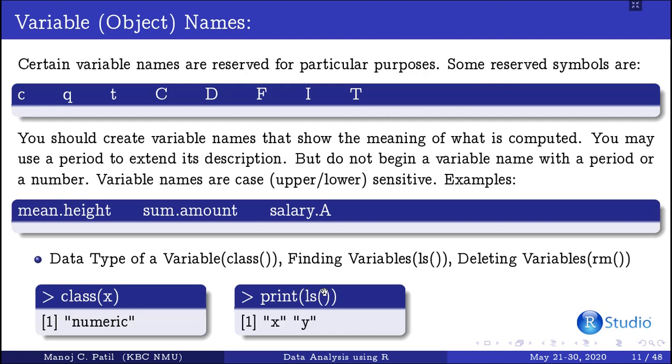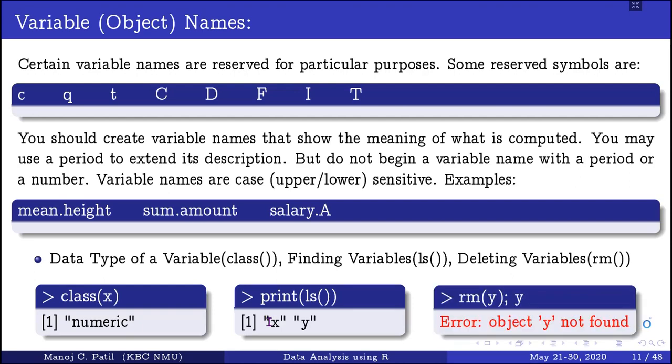Print ls shows all the variables. Suppose there are only two variables, x and y. The ls command will show us the list of variables available in the environment.